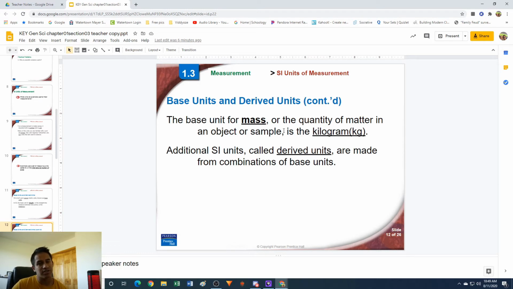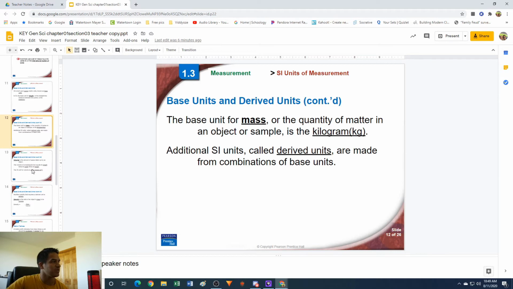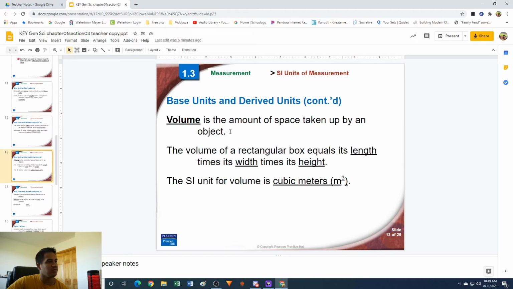Okay, there are other SI units though that are also derived units, which means that they're basically a combination of base units put together. So a prime example of this would be volume, which is the amount of space taken up by an object. And the volume is oftentimes going to be the length of something times its width times its height.